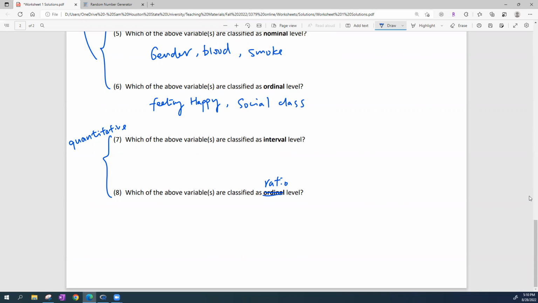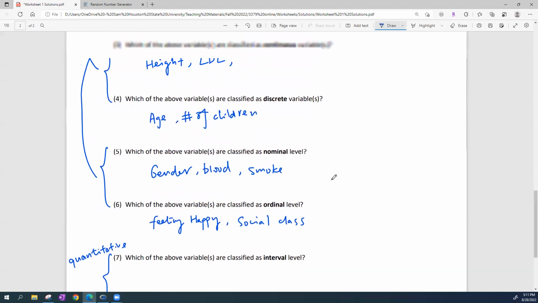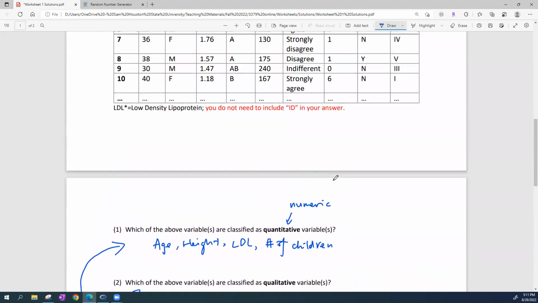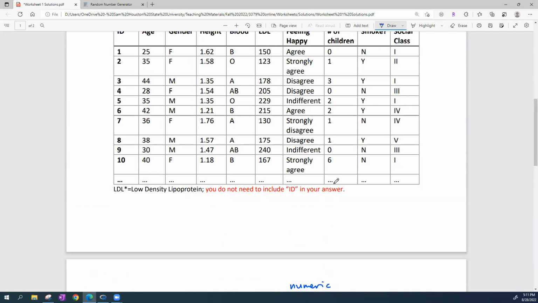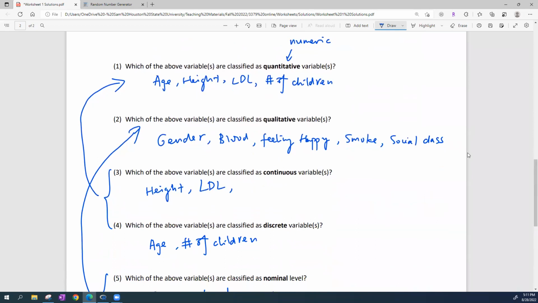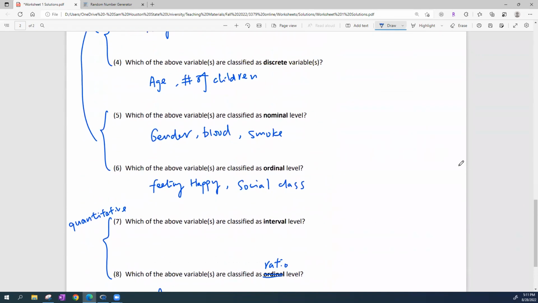So for age, do we have a true zero? Yes, right? So age is ratio. And then what about the next one? Height. Do we have a true zero?